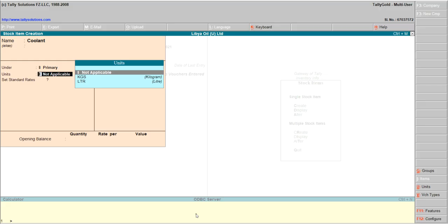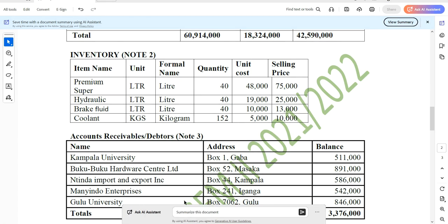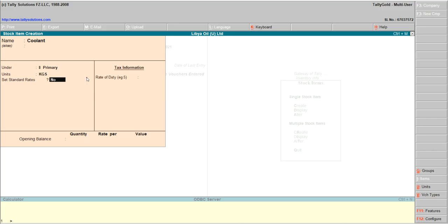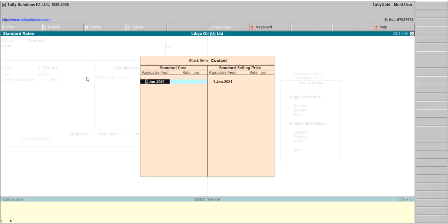Then lastly, we have the coolant. Coolant is measured in kilograms according to the information we have. Set standard rates, yes. What's the unit cost? That is 5,000.